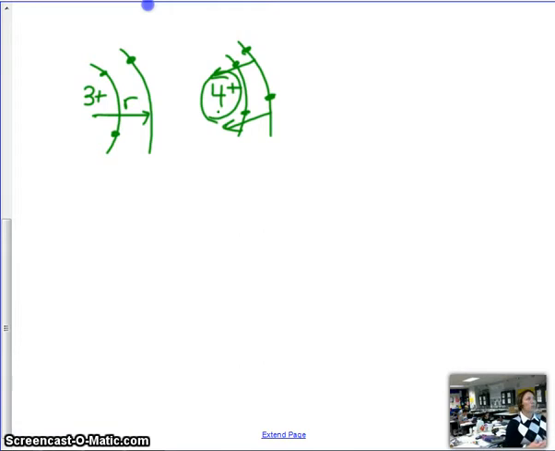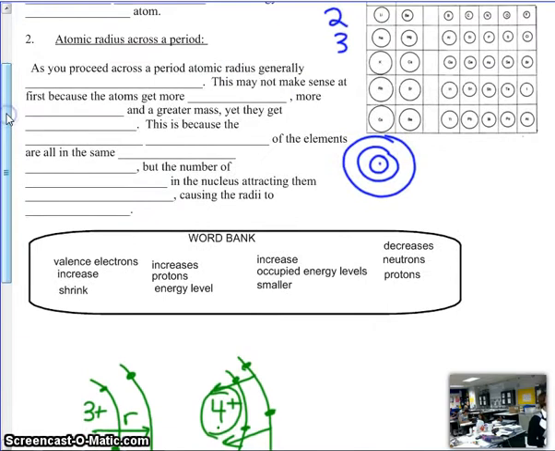We call that a greater nuclear charge. So this idea here that we get more protons in the nucleus attracting the electrons causes the radii to shrink or get smaller is the idea that there is a greater nuclear charge, which is why as you go across, they get smaller.